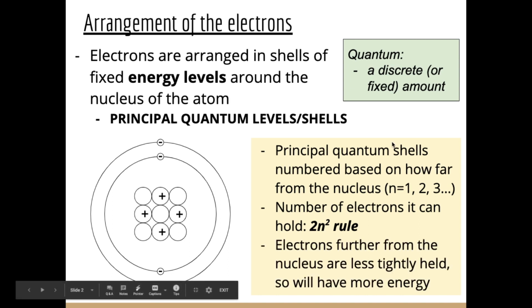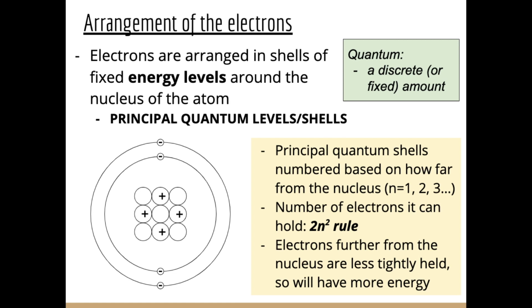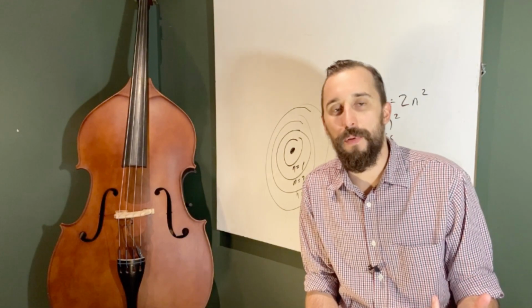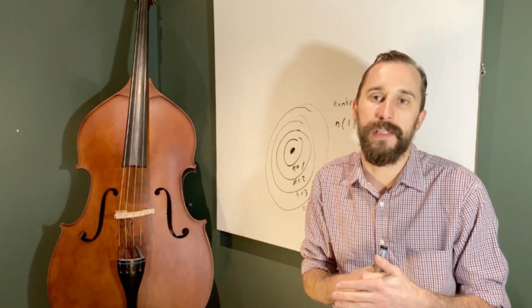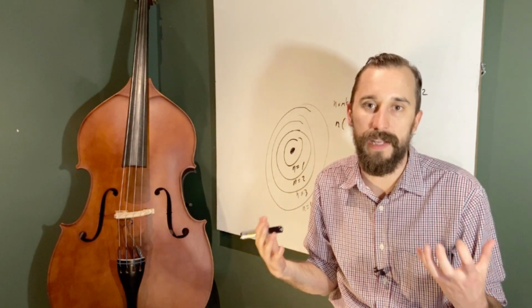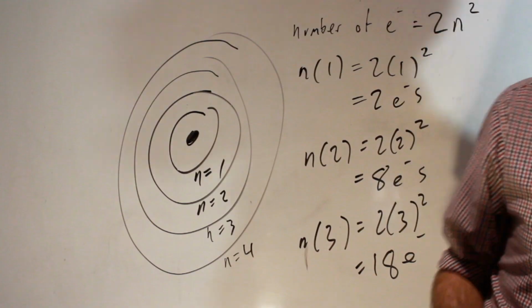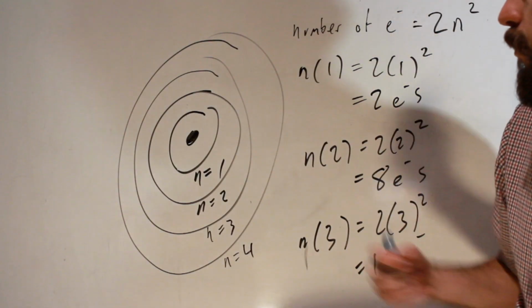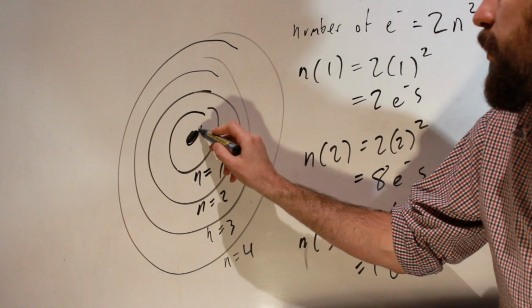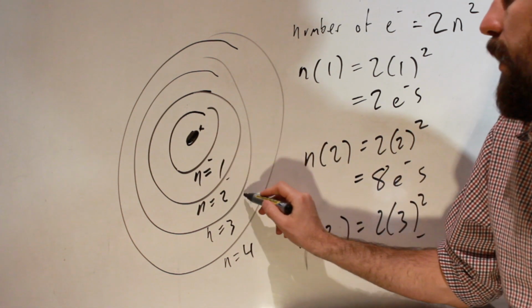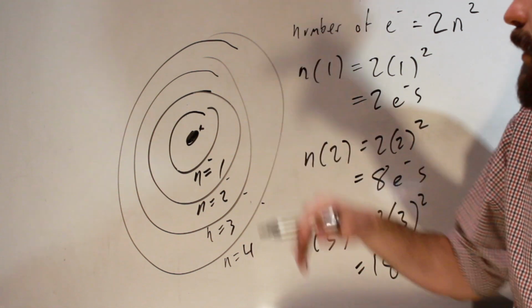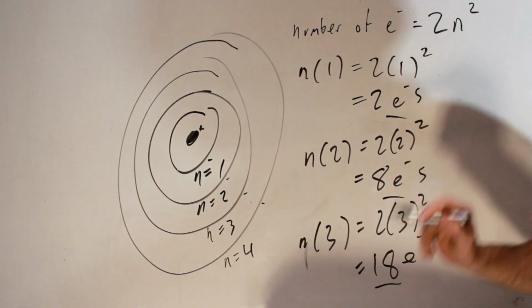The electrons further from the nucleus are less tightly held, so will have more energy. We looked in our previous lesson at the idea that like charges repel each other and opposite charges attract each other. So in our atom, we have a positively charged nucleus with all the positive protons in there, and then these are negatively charged electron shells, with the number of electrons depending on how big the shell is.